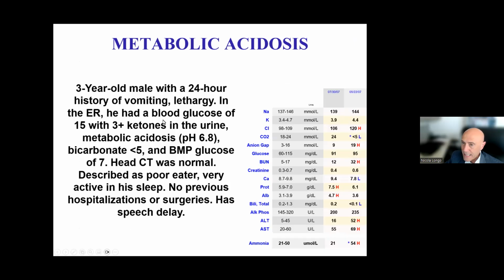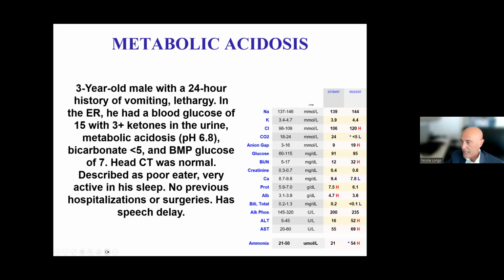So how do they present? Here we have many children with this condition. This is much more frequent than SCOT deficiency. And this was before the newborn screening. So this child presented with vomiting, lethargy, and did have hypoglycemia with 3+ ketone in urine, but also has severe metabolic acidosis with a bicarb of less than 5.